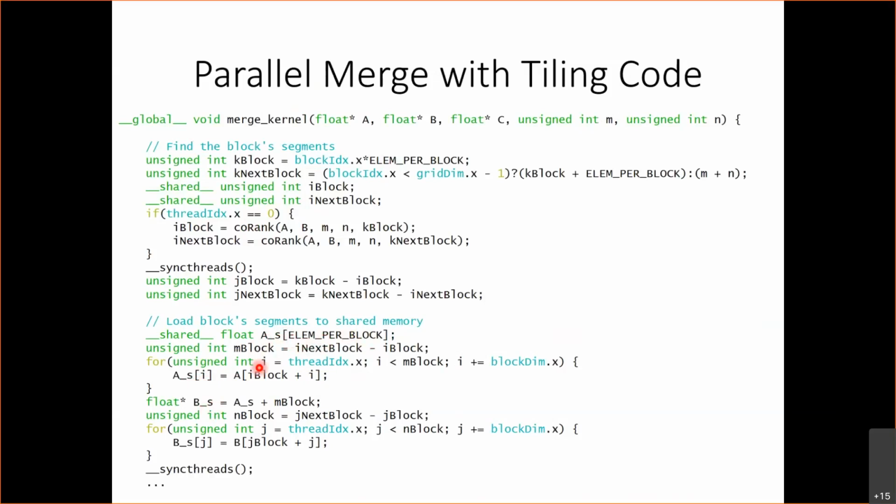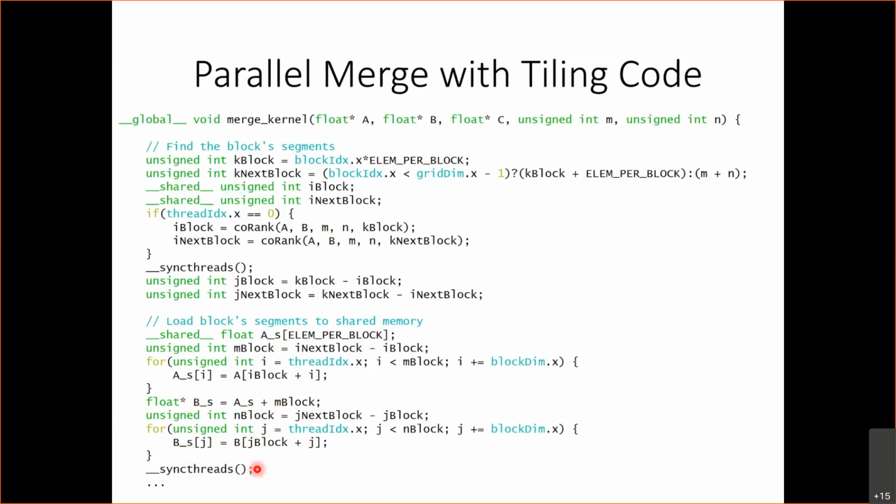So here, the number of elements M block is the number of elements in the A segment, and then the B segment starts after the A segment, and we continue by loading the segment of B in a coalesced manner and putting that in shared memory. Okay, so now we have the A segment and the B input segment inside of shared memory.